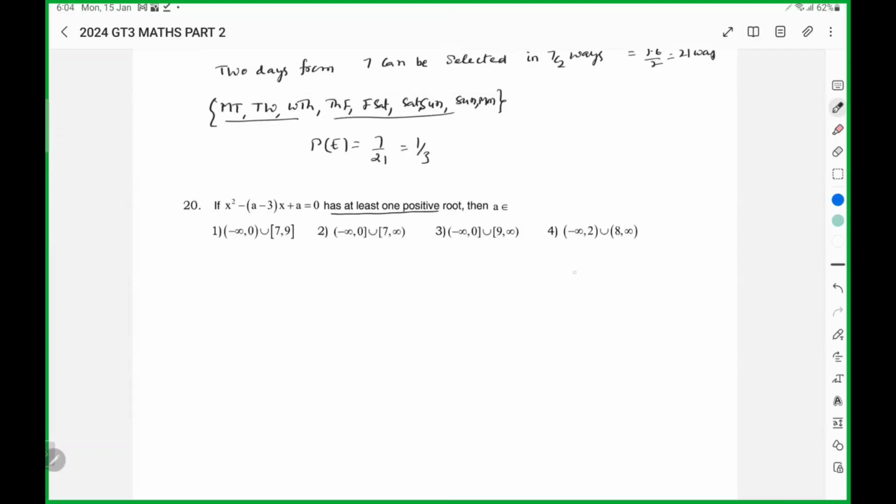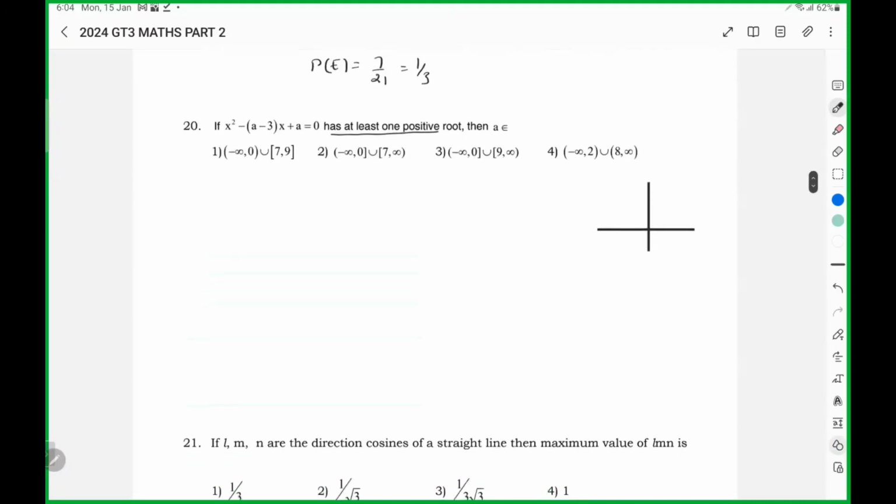Whenever there is at least one positive root, this kind of problem we have to solve with the help of a graph. Assume that all the roots are negative, right? Both the roots are negative.